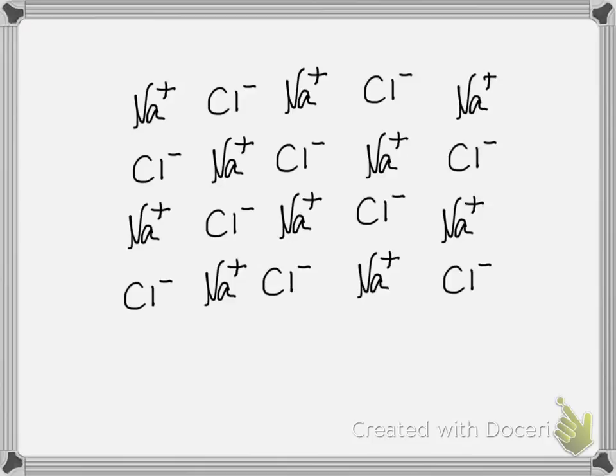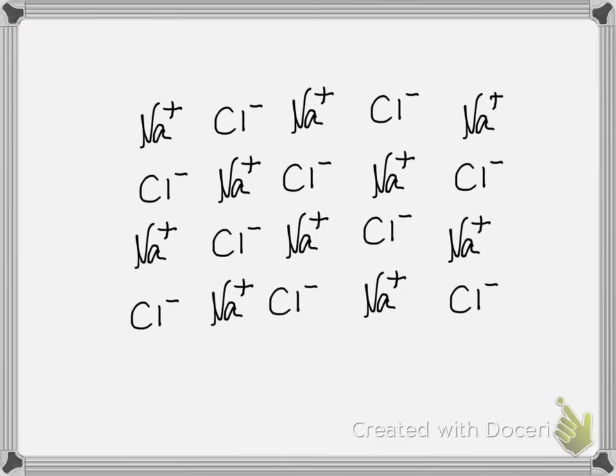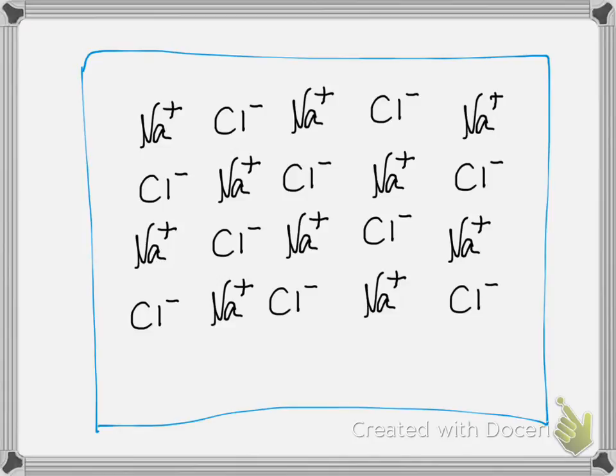If I take this chunk of virtual salt and I put it into water, there's all the water. Remember that water is what kind of molecule? What kind of bond does water have? Hydrogen and oxygen.